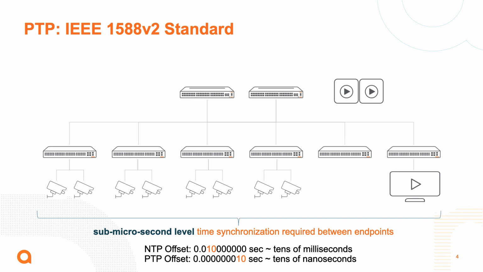We support the ST2059-2, which is a profile created by the Society for Motion Pictures and Television, and its application and need is self-explanatory, right? It's required for professional broadcasting environments. It provides the parameters for PTP for those particular applications.